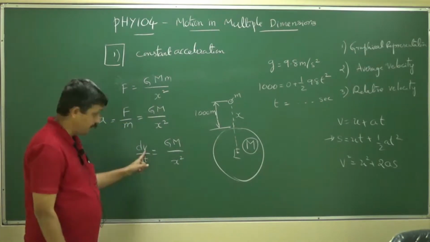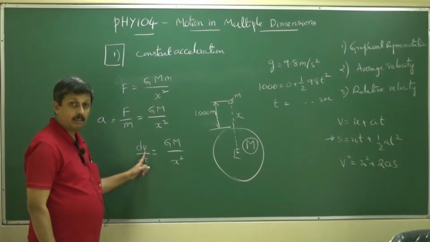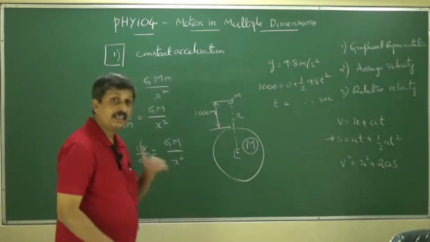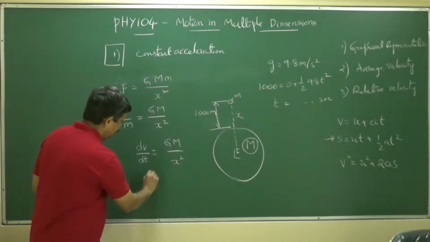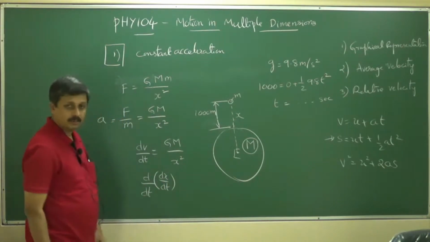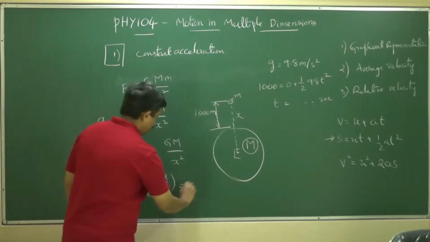And what is v? v is dx by dt, the rate of change of position. So we can say d by dt of dx by dt is equal to GM by x square.